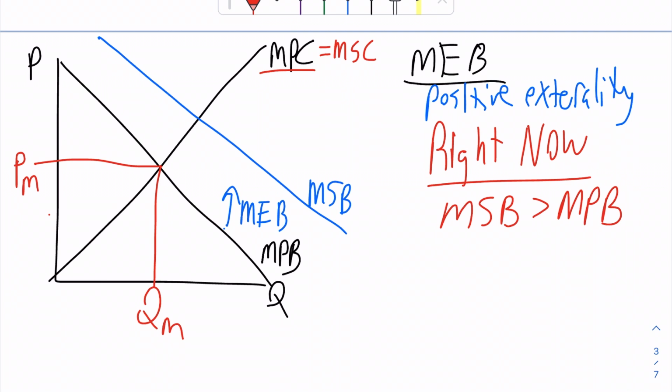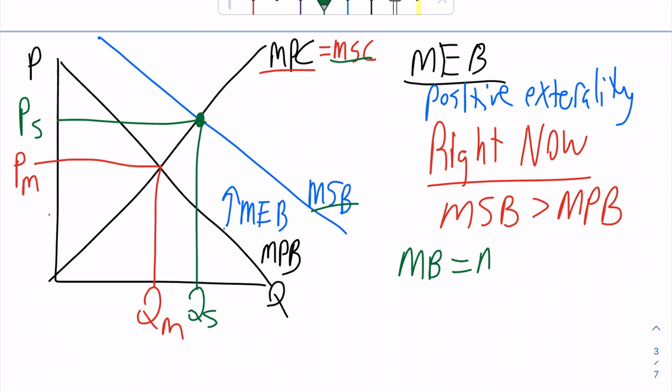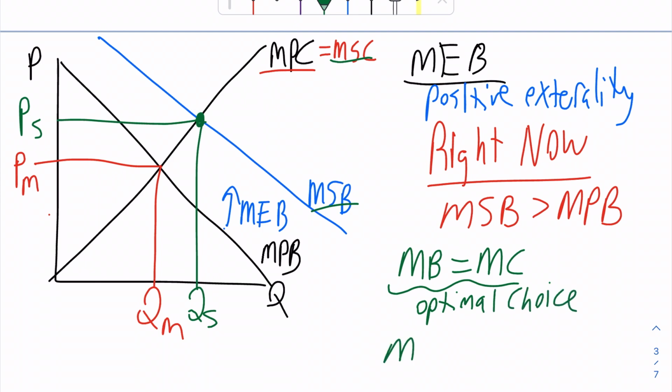So this means that this point right here, your MSC, MSB, that is your social optimal, PS, QS. Okay, so remember MB, MC, this is your optimal choice. Guess what the optimal choice is for society? MSB, MSC.